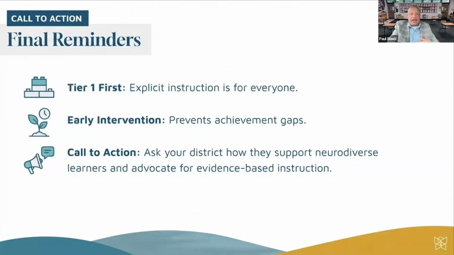And finally, have a policy meeting, have a meeting of the minds where we say, what are we doing to meet the neurodiversity of our classrooms? Because I've been doing this for 20 years, Liz, and maybe you've seen it too. It's no longer, maybe I'll have someone with ADHD, maybe I'll have somebody with autism, maybe I'll have someone with dyslexia. It's how many am I going to have in my classroom, right?